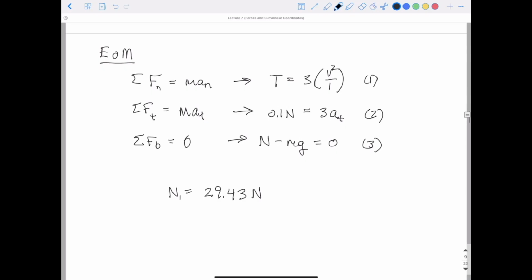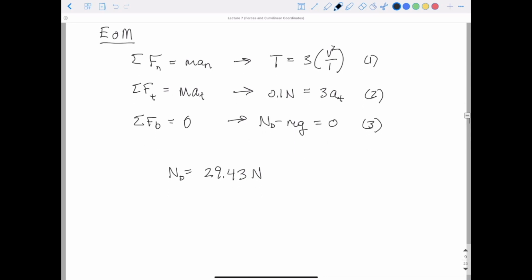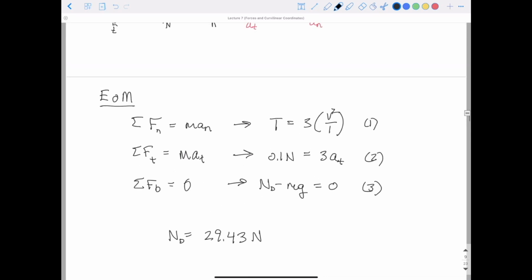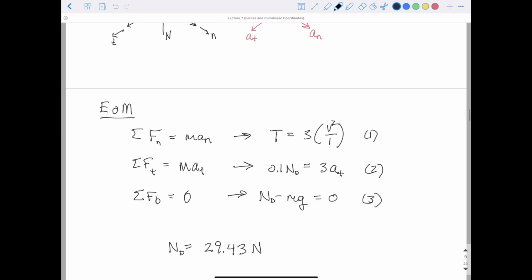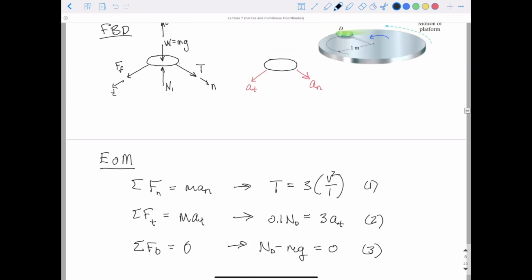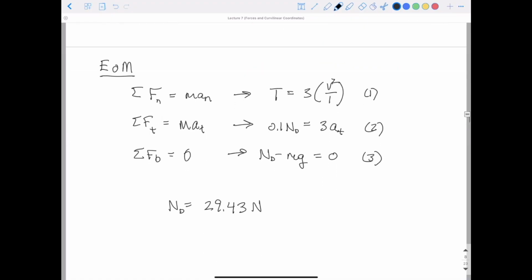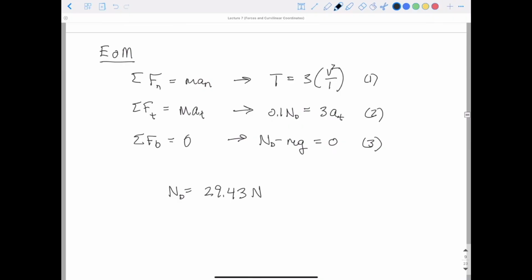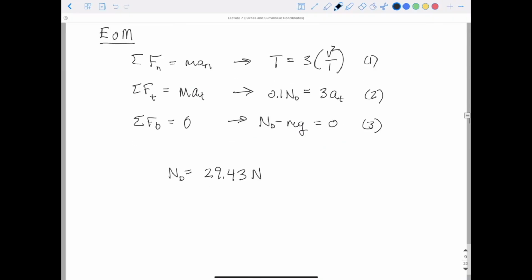So let's add a subscript so we know it's the normal force acting on the disk, and when we look at this later, it won't give us so much confusion. All right, so our normal force is 29.43 newtons.